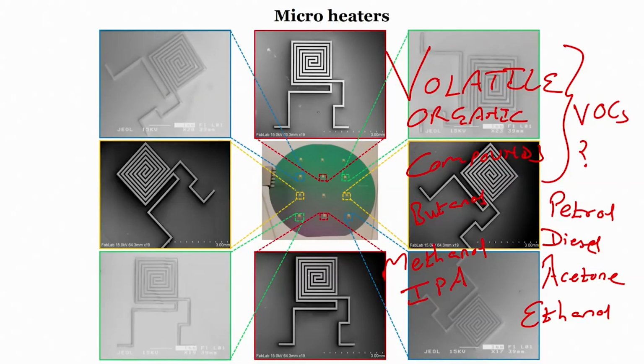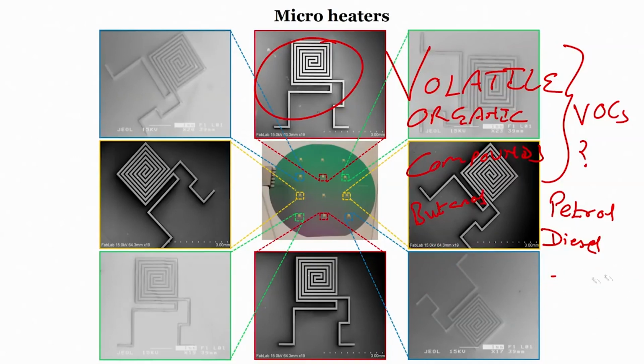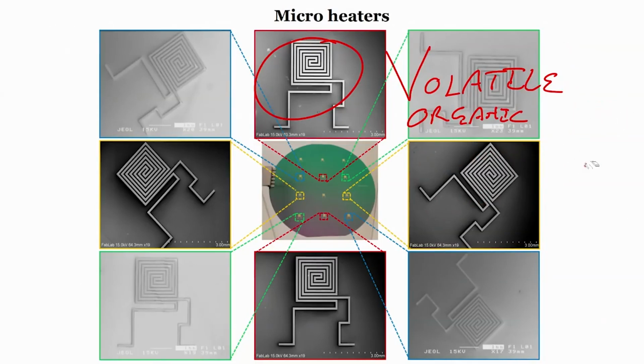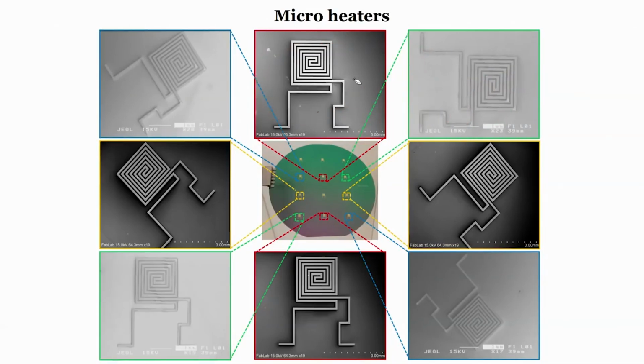So, to raise the temperature of the sensing material, we have to use a heater. The sensors are all micron in size, or they consist of different patterns which are microns in size, and here we have to use heaters also in micro dimensions, and that is why there is the importance of micro heaters.